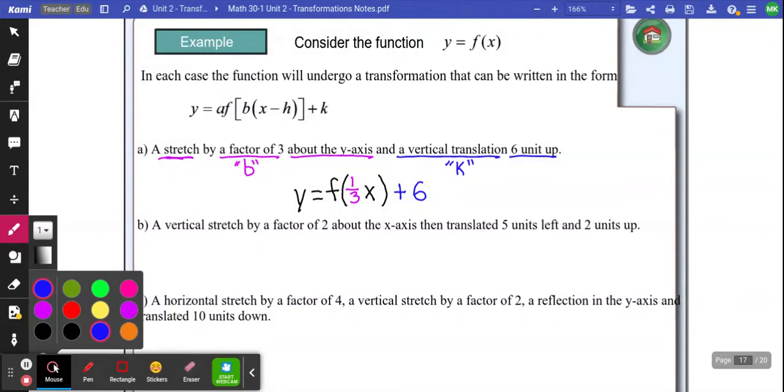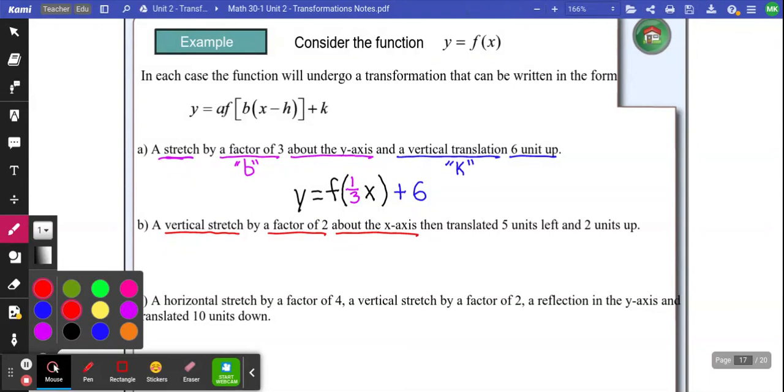Next one, a vertical stretch by a factor of 2 about the x-axis. If they hadn't said vertical, I would have known it was vertical because it said about the x-axis. The x-axis is here, and I'm stretching away from it. That's vertical.